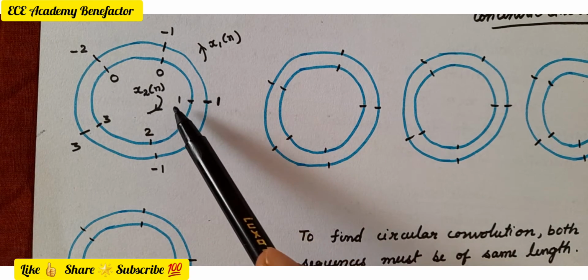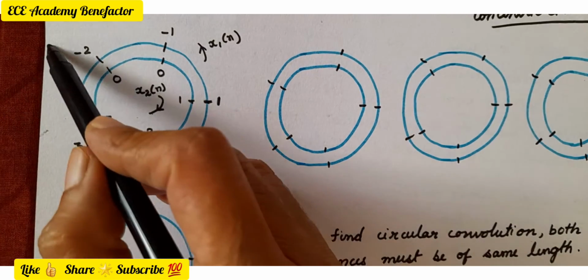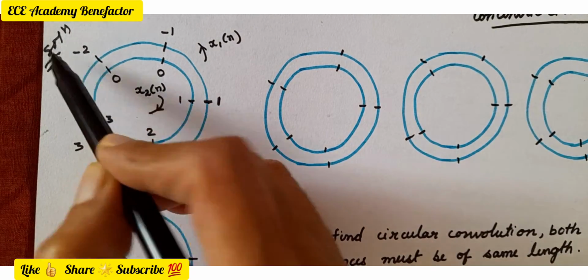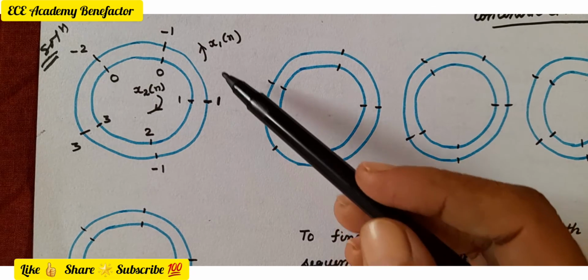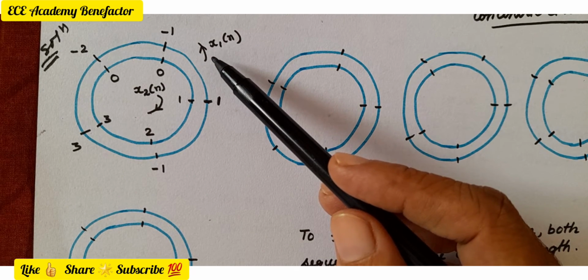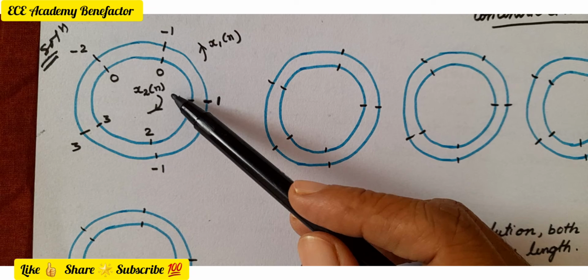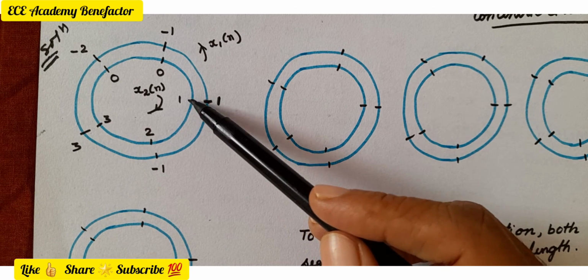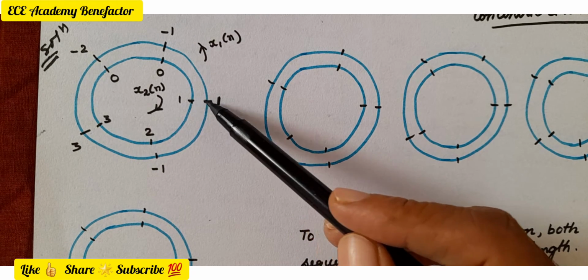So in the concentric circle method, we have two circles. On the outer circle we plot x1 of n in the anti-clockwise direction and on the inner circle x2 of n in the clockwise direction, both sequences starting at the same point.